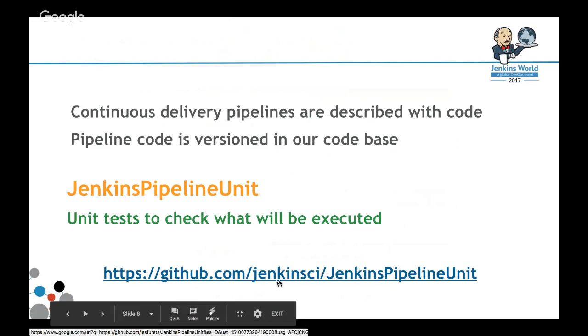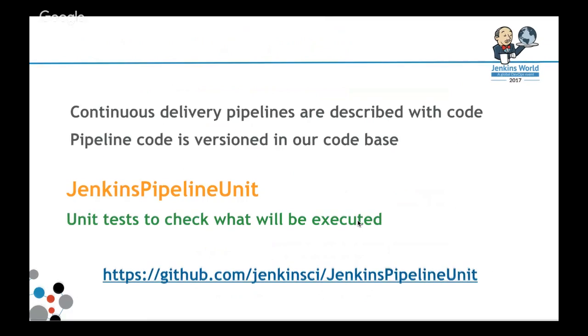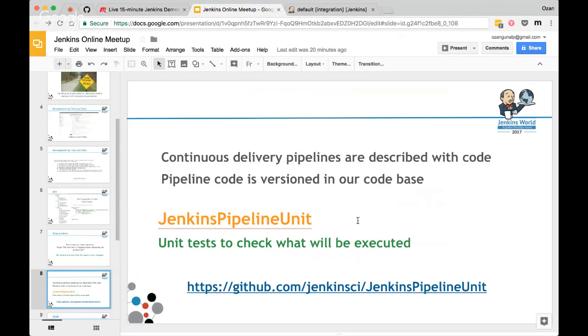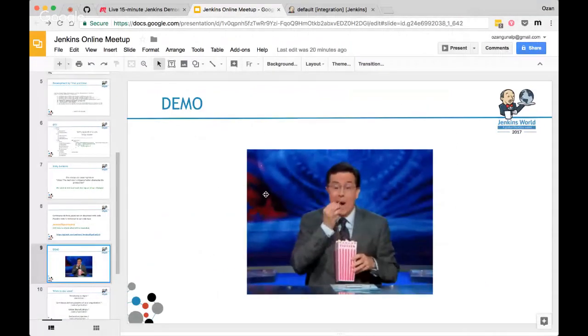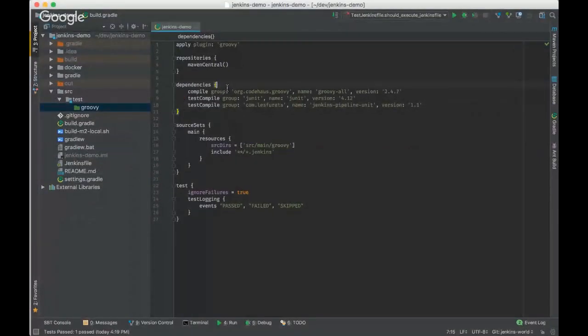So right now it's in the Jenkins CI organization, and it is open sourced and available in the Maven repository. So let's check it out. Let's see if we can develop some small projects and how to test the pipeline script and make a change and see how it goes.